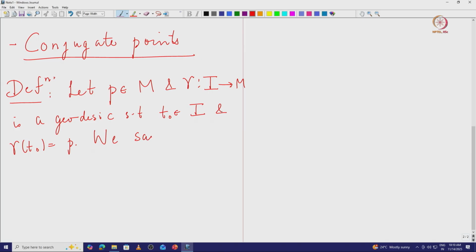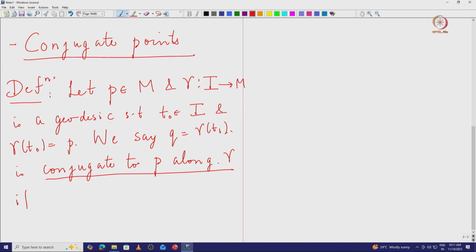We then say that a point Q, which is gamma of t1, is conjugate to P along gamma if there exists a Jacobi field along gamma which is non-trivial, so the Jacobi field is not identically 0, which vanishes at these 2 points.